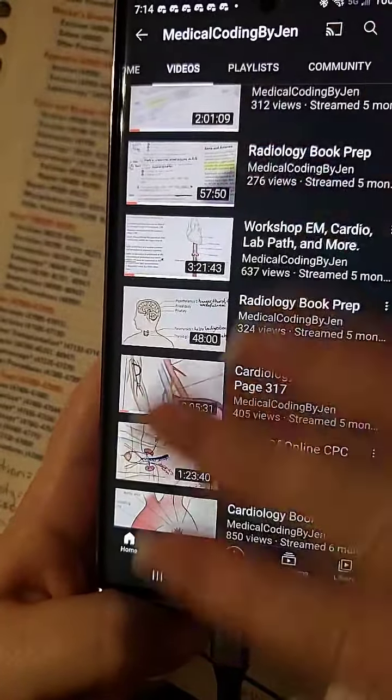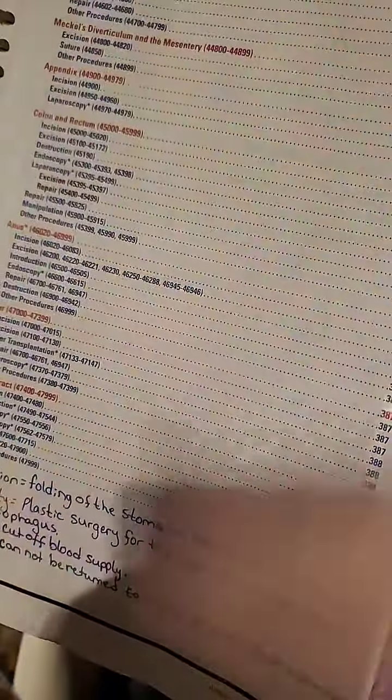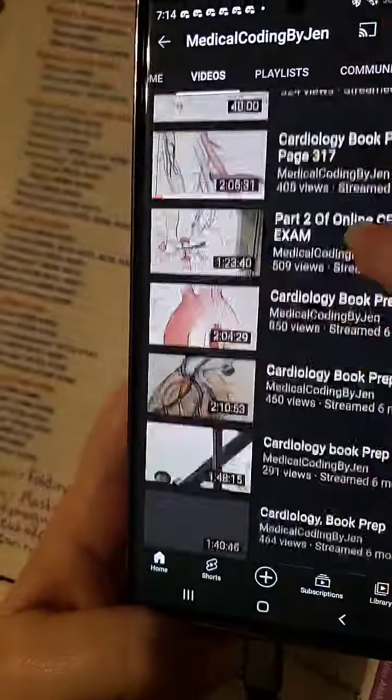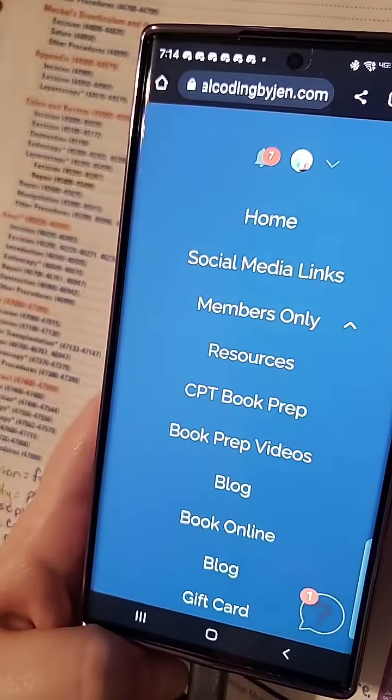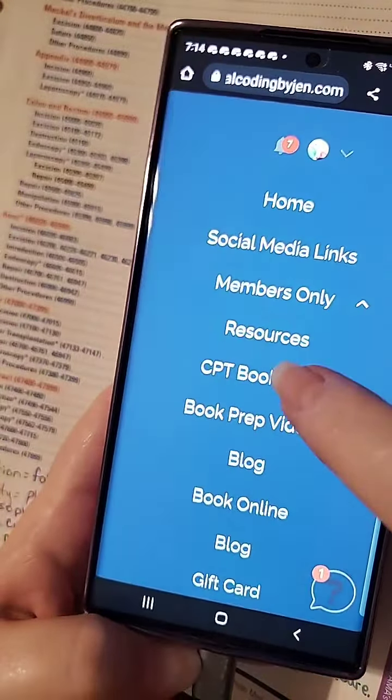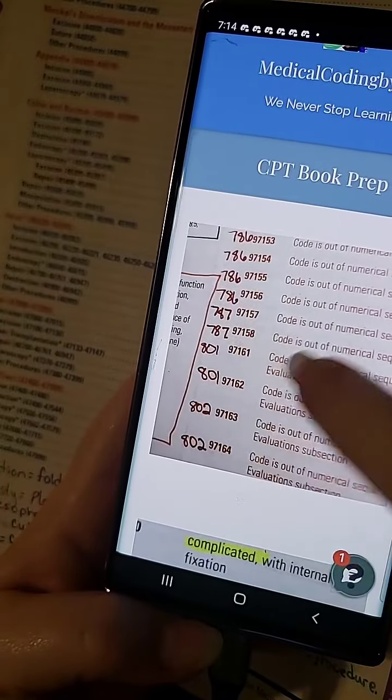Or of course you can go to the shop and buy them if you need them page by page, but I like to show you guys how to do it yourself. On my website too, if you go to the members page, which is free, CPT book prep, it's pictures of my pages.